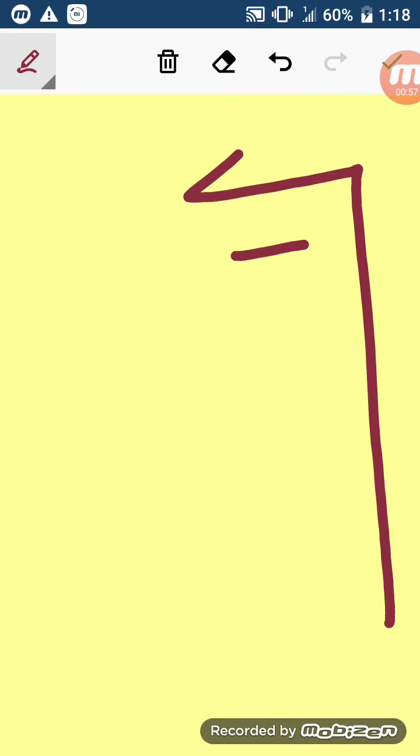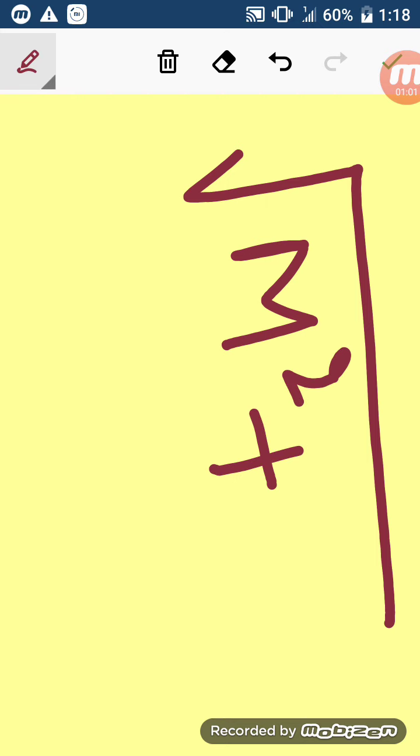So our equivalent torsional moment is the square root of M square plus T square, where M is the bending moment and T is the torsion moment.